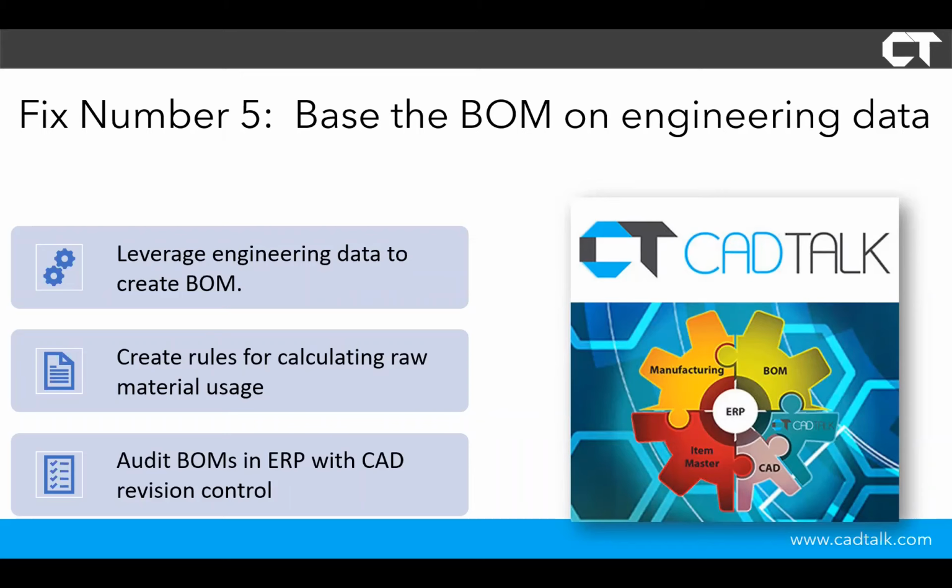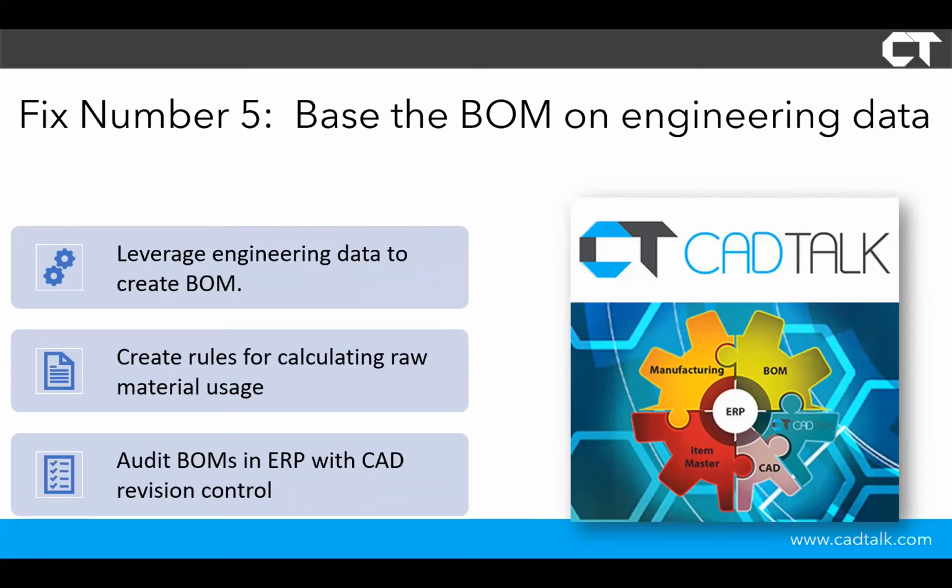So let's squeeze all the value out of that design to help inform us how to create that bill of material in the ERP. For one example, you can use that engineering data to determine routing steps to build a particular subassembly or part. And I've done this many times with rules with CAD Talk.